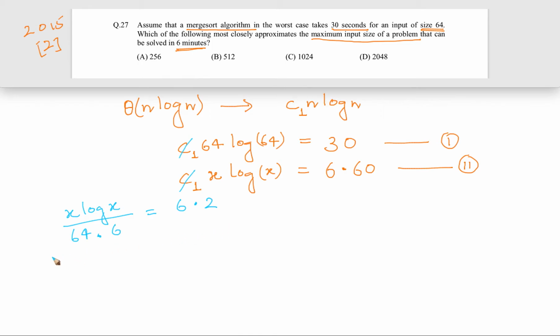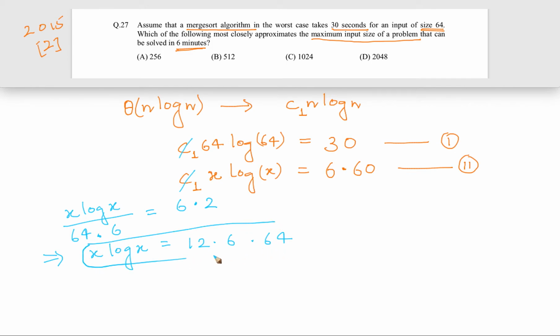Now let's solve this equation. From this we can write x log x is equal to 12 into 6 into 64. This is the equation which we have got.